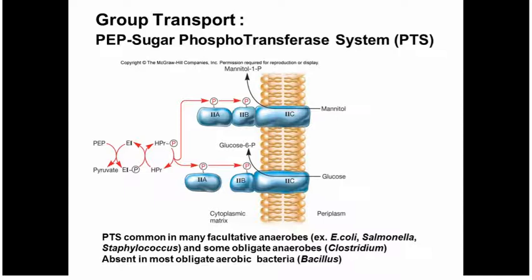So if you've got an ABC transporter, imagine that this is your alternative. Transporting glucose will cost you ATP. Imagine you're going to have to spend one ATP molecule per glucose just to get it inside the cell.